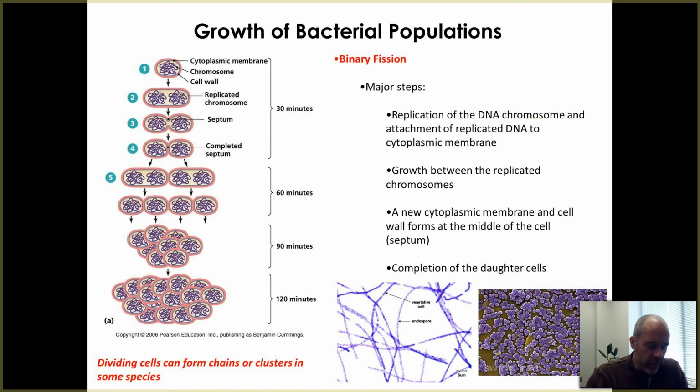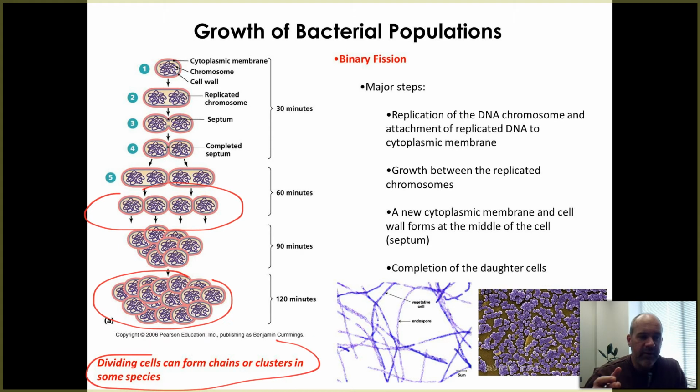Notice too, like they're showing you here, those 4 cells are sticking together in a chain, and then eventually they're forming a cluster over here. Among bacteria, some bacteria, when one cell divides into 2, the cells immediately split apart. So they don't stay together in a chain, they don't form an actual clump. Other things like your strepto-arranged bacteria, as the cells divide in one plane like this, they stay connected to each other.